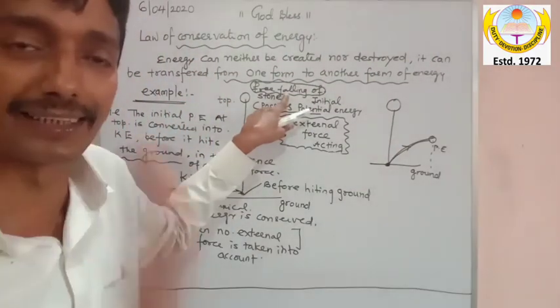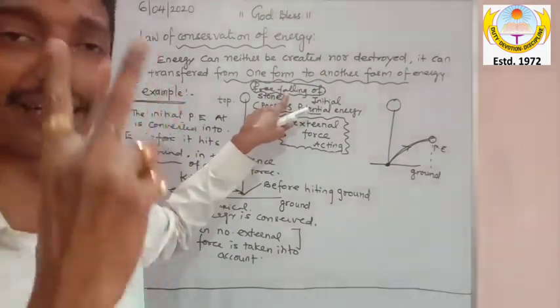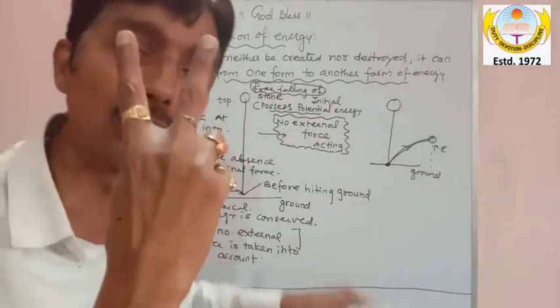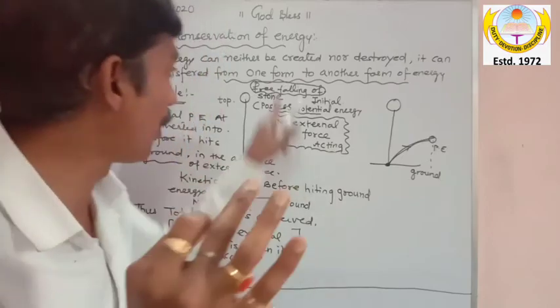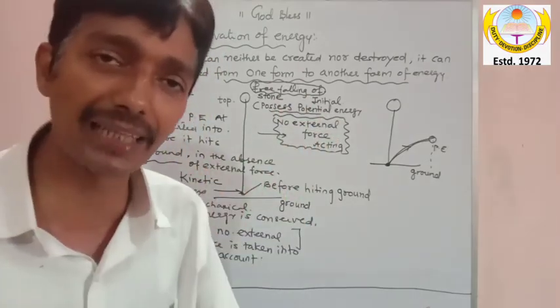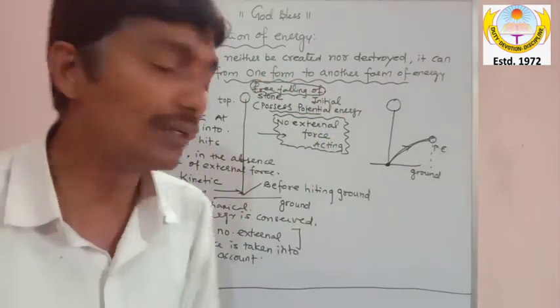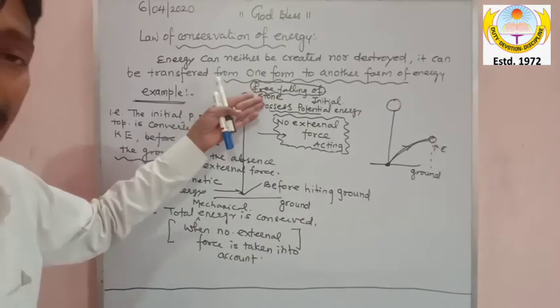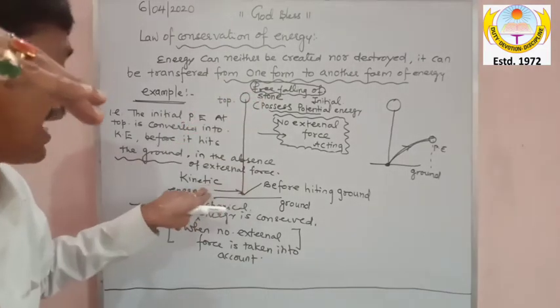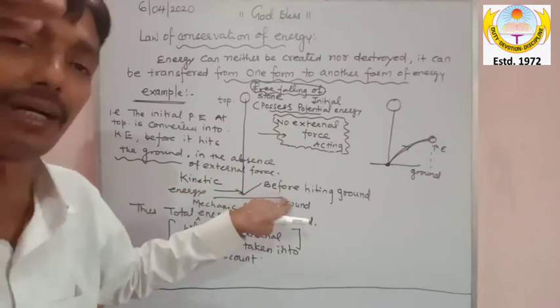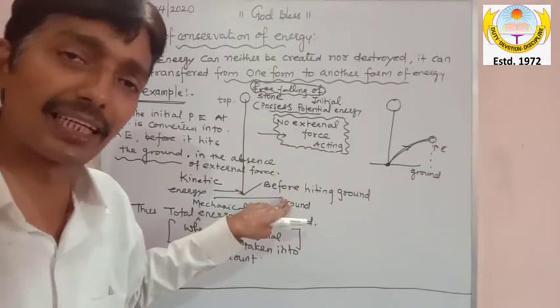And therefore your NCERT has precisely written the law of conservation of energy in two methods, two cases. One, the free fall case where no external force is acting. In there also, the initial potential energy which is possessed by a stone at the top is converted into the kinetic energy before hitting the ground. And in this case, what will happen?